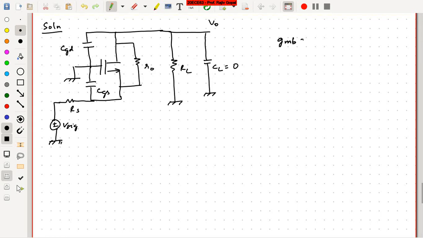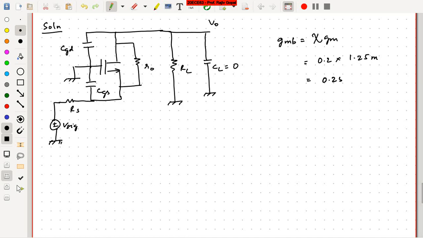So here, GMB value I'll find out because I need it, right? So GMB is chi into GM. This is 0.2 into 1.25 milli. We calculate 1.25 into 0.2, 0.25.